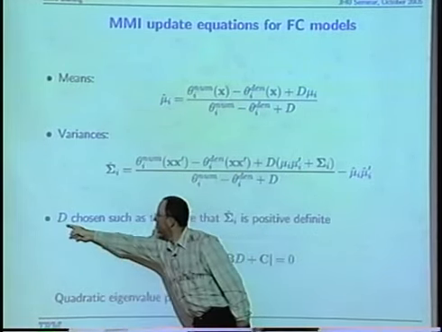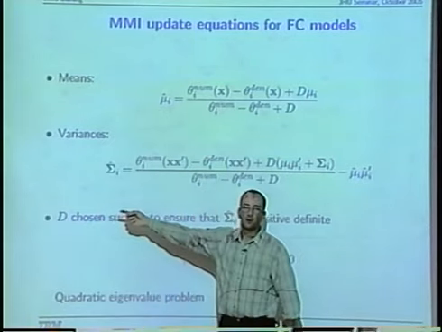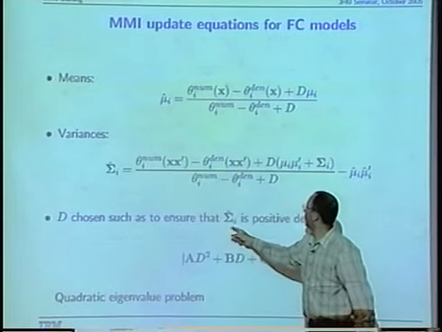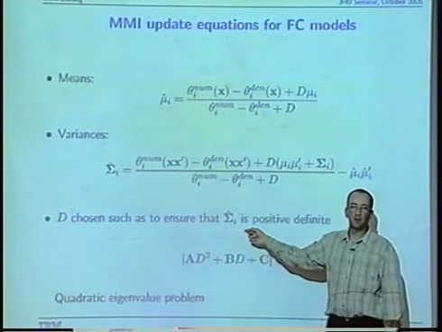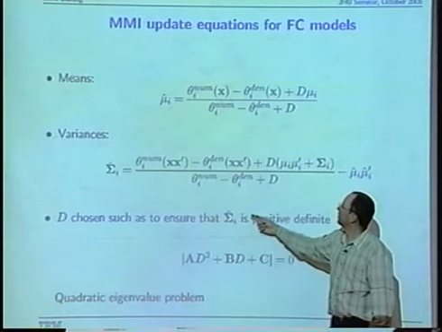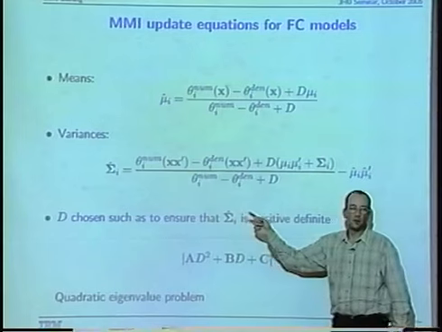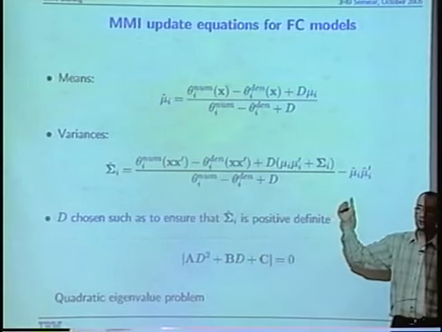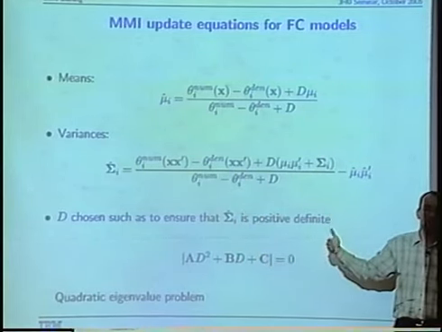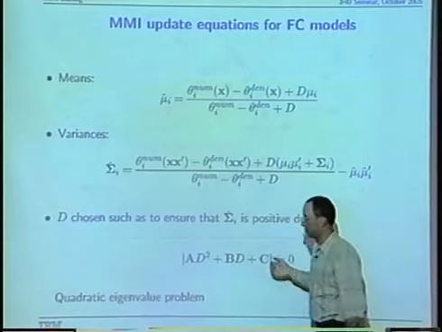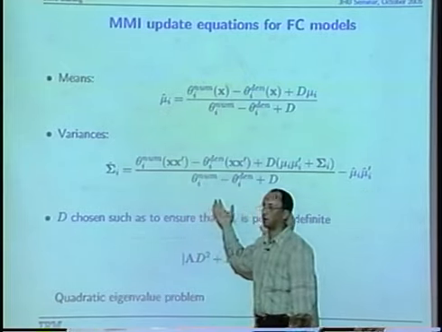You want to choose the d, that famous MMI constant, such that the re-estimated covariance is positive definite. Now this is an easy problem if you have diagonal covariance models, because you'll end up with one-dimensional quadratic inequalities that are easy to solve.